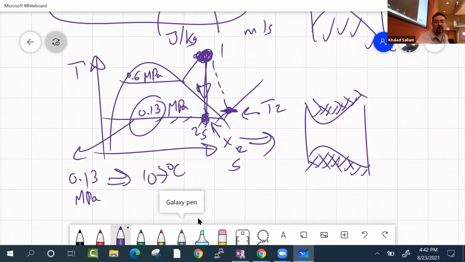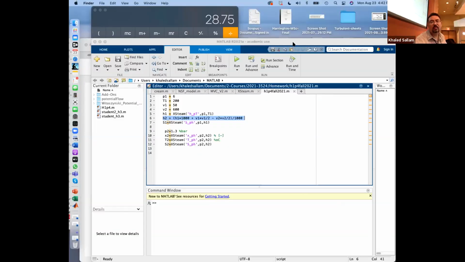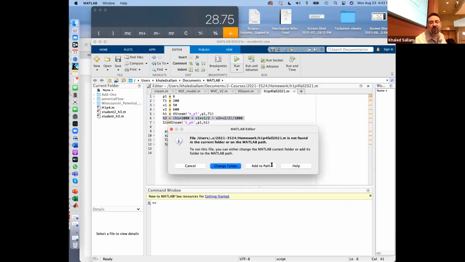So in the code, I was trying to see if I was isentropic or not, right? By calculating S1 and S2, but you don't have to do it, right? But it would be interesting. Of course, in order to run, it will give me an error now because I didn't run Xteam, I guess.